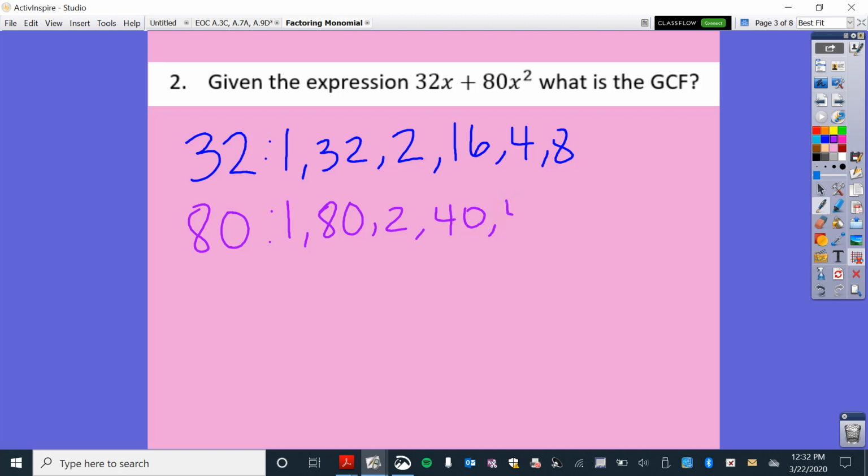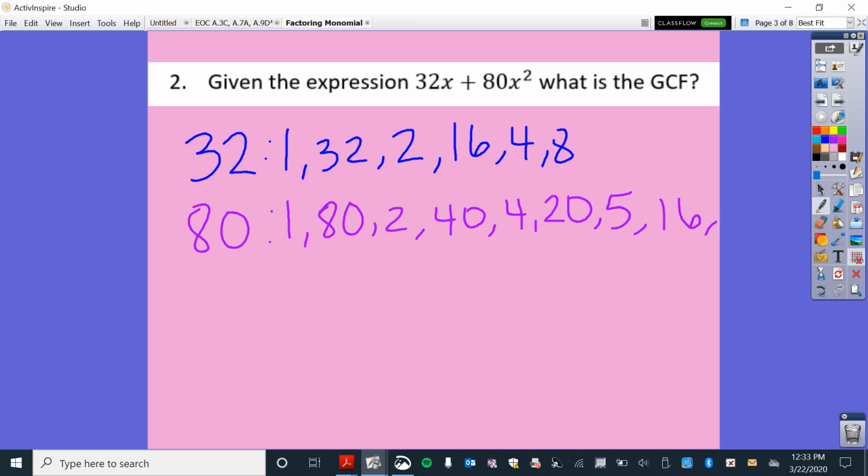Then we have 4 and 20. What else? 5 and what? 16.